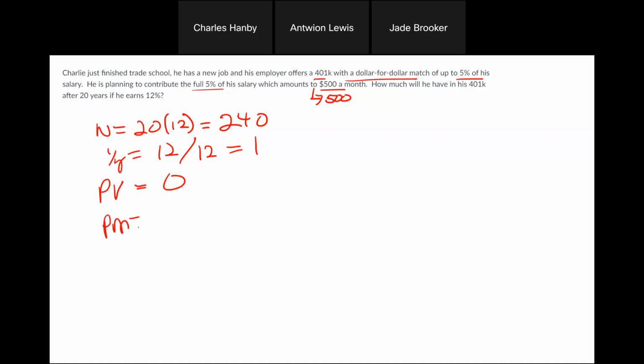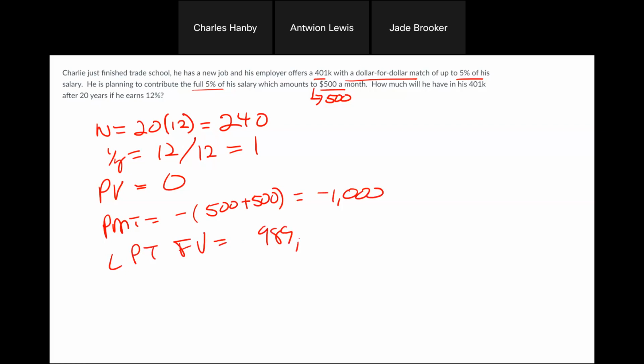And payment is negative 500 plus 500. That's negative 1,000. And then compute future value, and that would be $989,255.37.